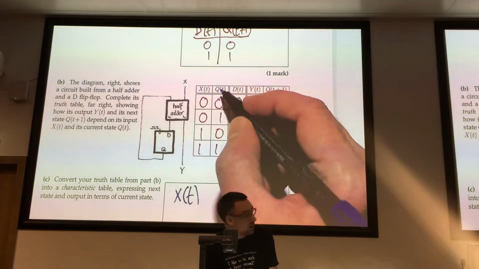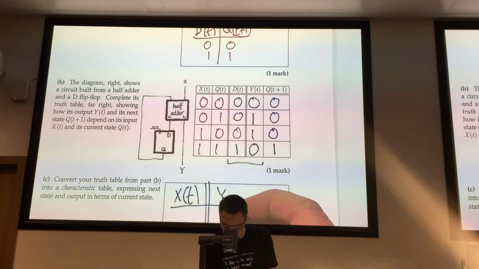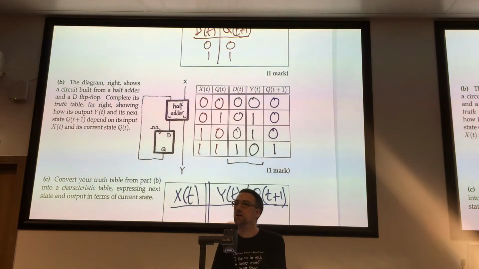You remove the column for Q of t. So we'll just have columns for y of t and q of t plus 1. We don't need d of t because that's internal. But we are allowed to write formulae here in terms of q of t.